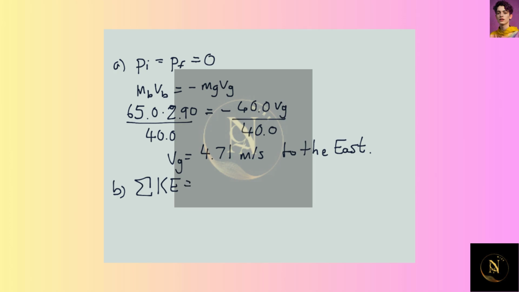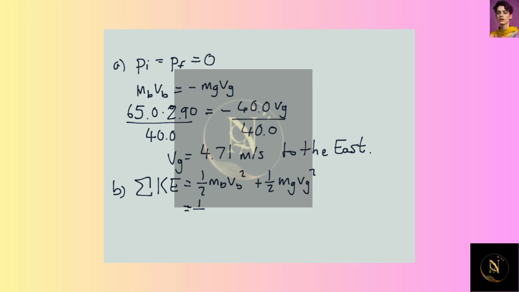So the total kinetic energy in this situation is going to be 1/2 the mass of the boy times the velocity of the boy squared, plus 1/2 the mass of the girl times the velocity of the girl squared. And we just calculated the velocity of the girl, which is great for us.